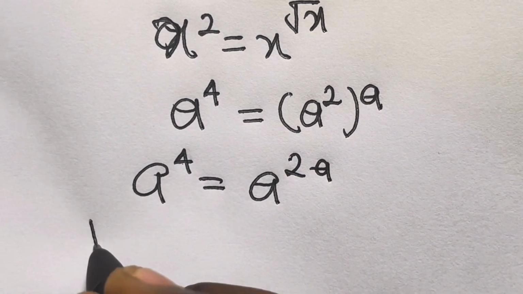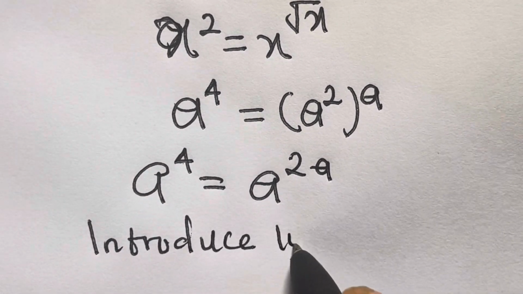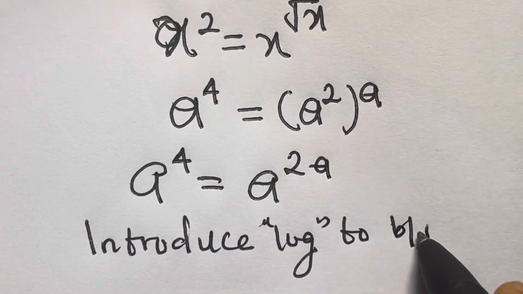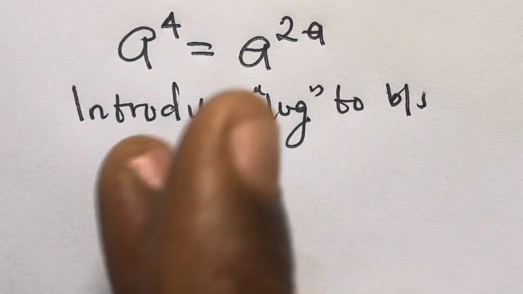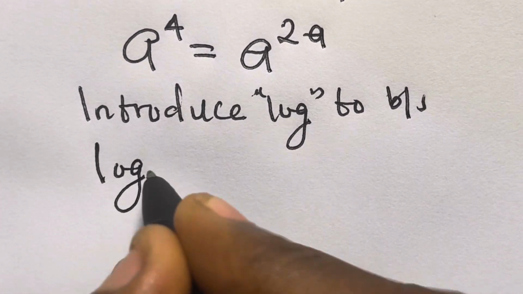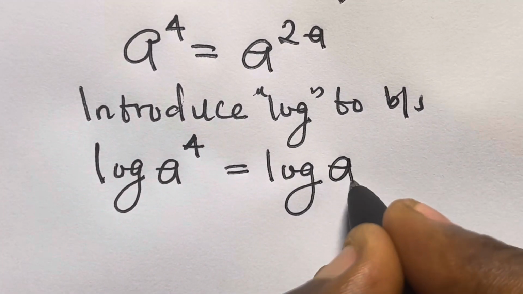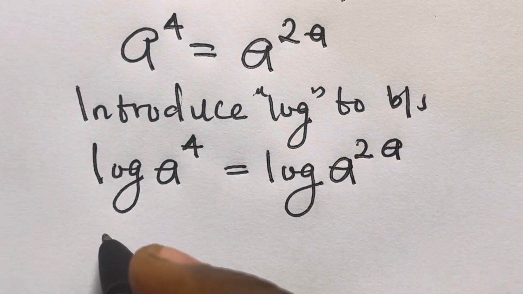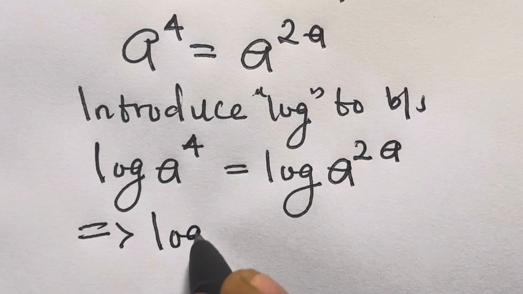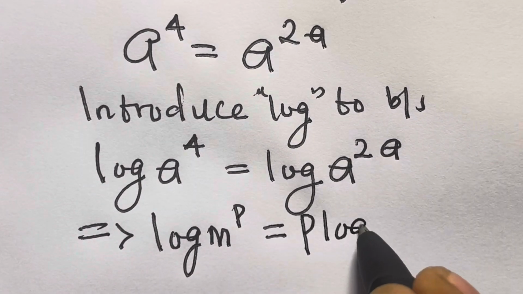From here, we introduce log to both sides. If we do, we are going to have log a raised to power 4 equals log a raised to power 2a. But recall that if you have log m raised to power p, this equals p log m.